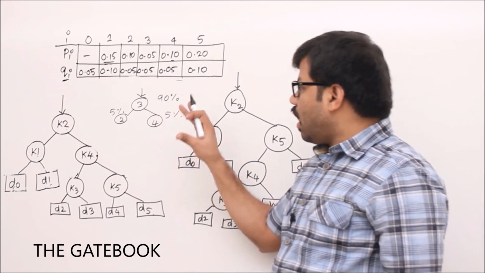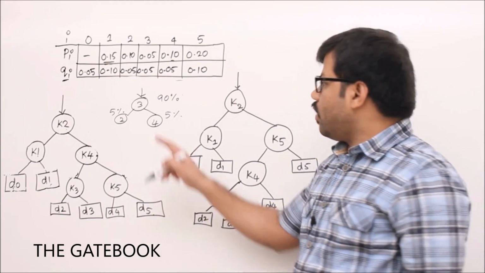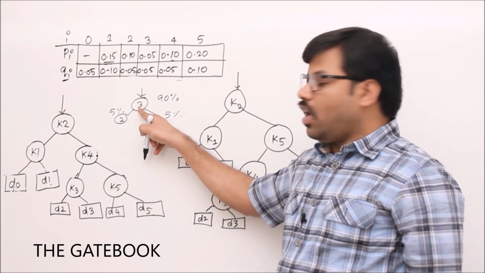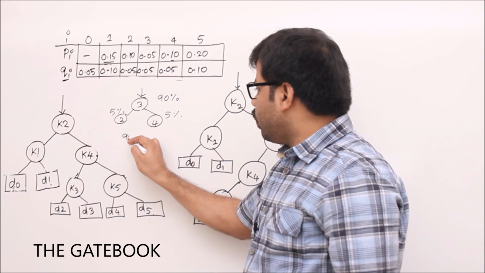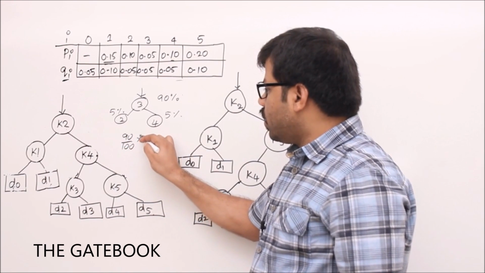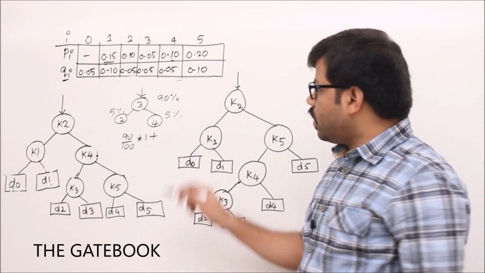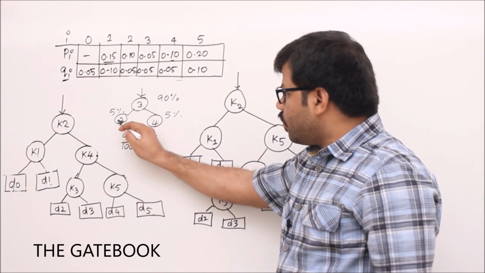Then what is the cost of the tree here? The cost of the tree is nothing but the cost of every search. If people are searching for 3, how many times do they search? 90% of the time, and the penalty of that search is only one comparison. So I'm calculating the overall cost of the search. What is the search cost of these two?